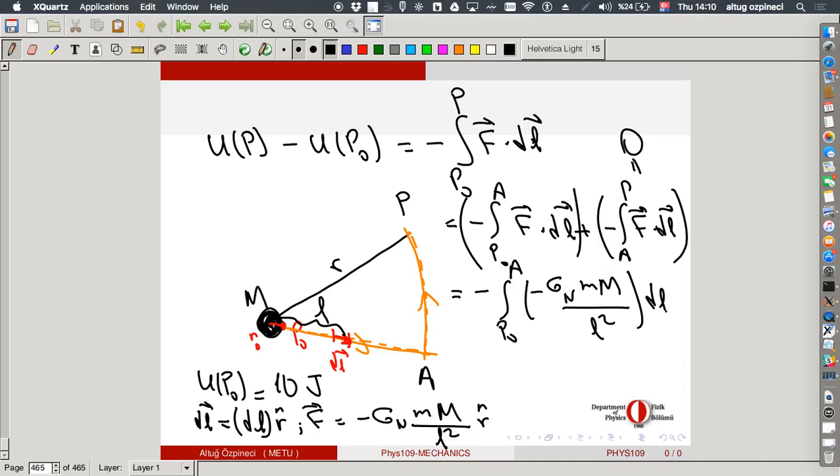At every step, the work done by this force F is nothing but F dot dl from P0 to A. Now F dot dl is minus G m M over L squared times dl. The angle between the force and the direction of my very small step is 0, so cosine of 0 is just 1. This dl, since it's positive, is also the magnitude of this vector dl.